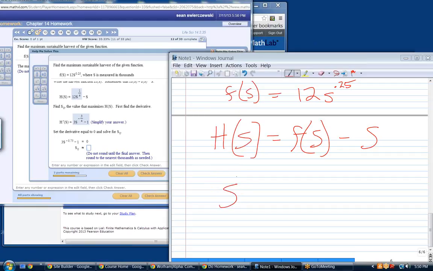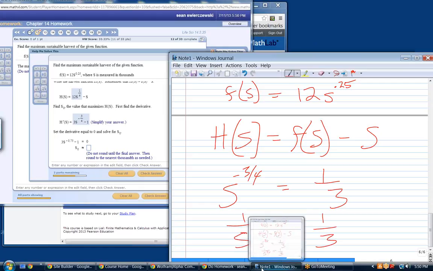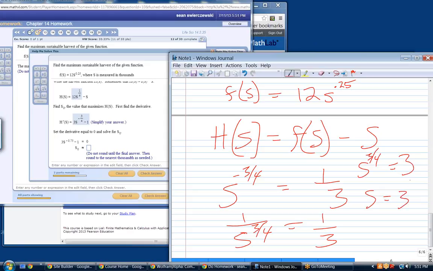I get s to the minus 3/4 equals 1/3, which means 1 over s to the 3/4 equals 1 over 3. So s to the 3/4 equals 3. So s equals 3 to the 4/3.